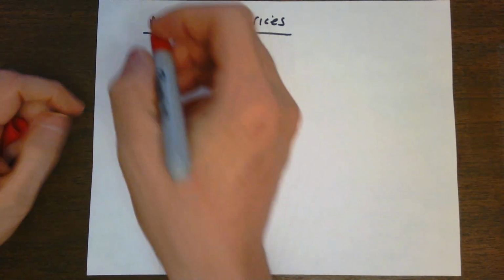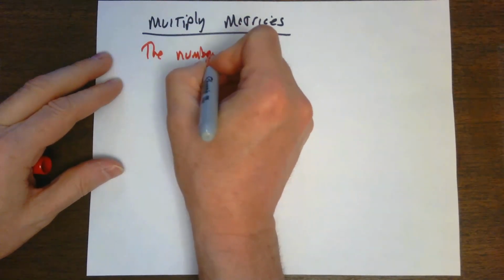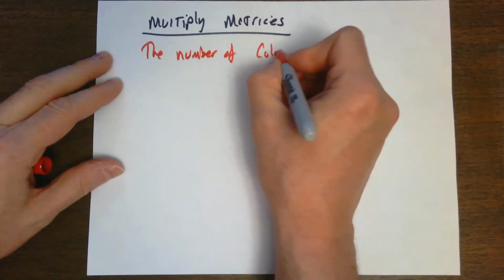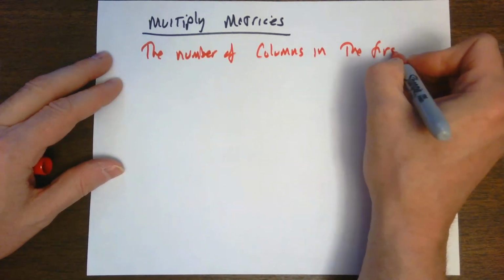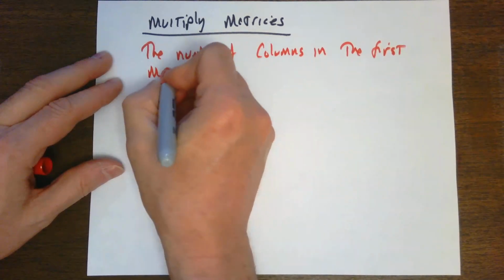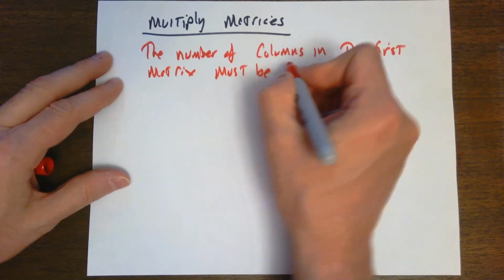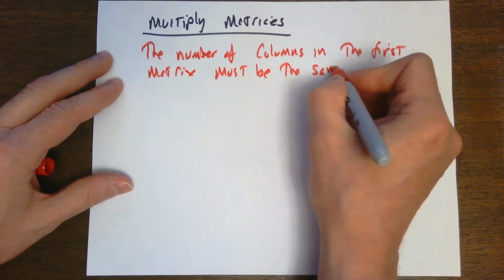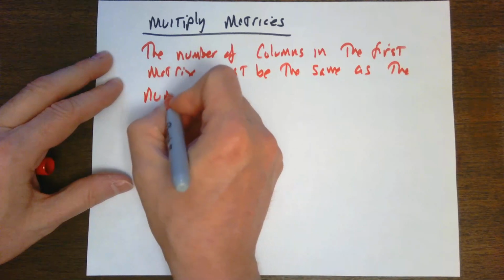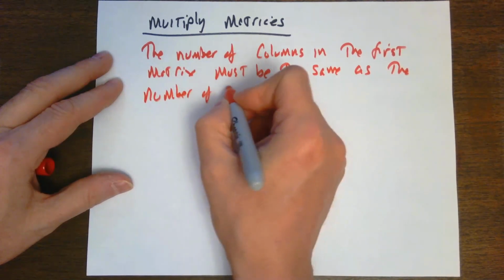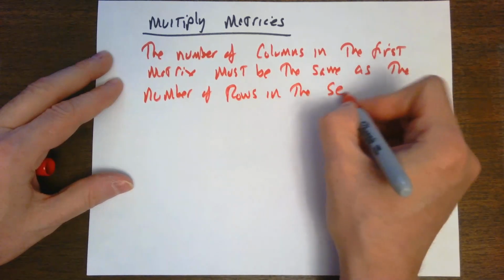The rule is that the number of columns in the first matrix must be the same as the number of rows in the second matrix.